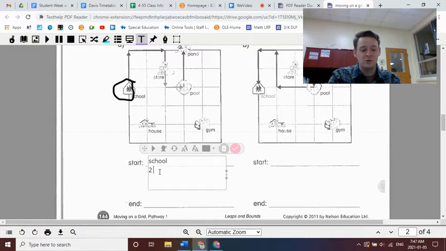And then I went 2 squares up. 2 squares right. 2 squares down. 1 square right.